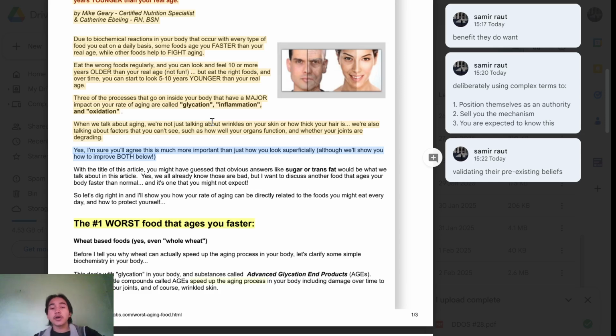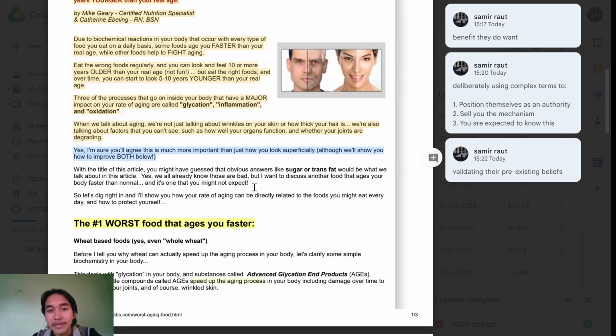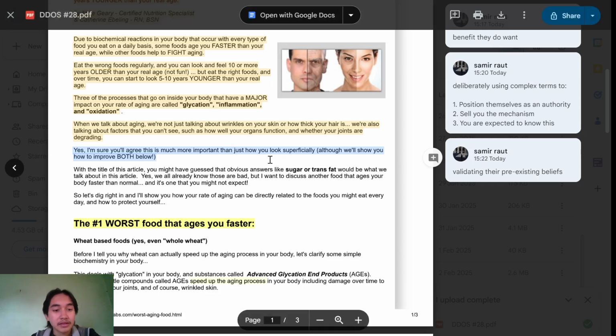And number two is, don't assume the reader is dumb, meaning you're just giving him the benefits. Oh, there's no scientific element to it. This is too promising, this is too salesy. Sales is never salesy. It is very subtle.